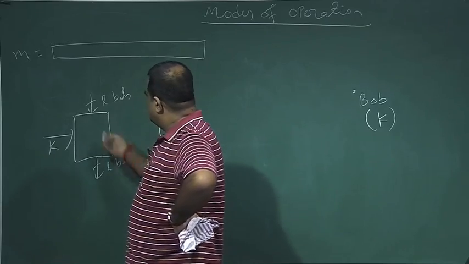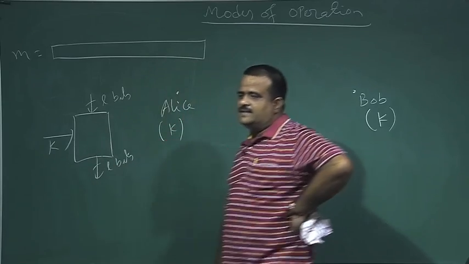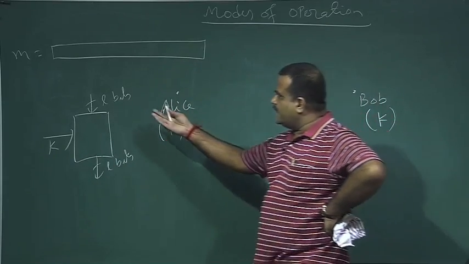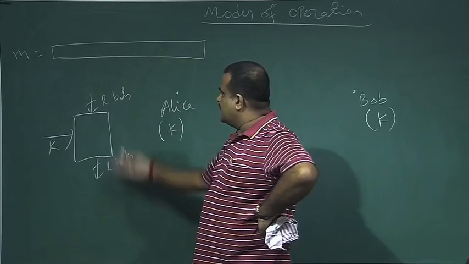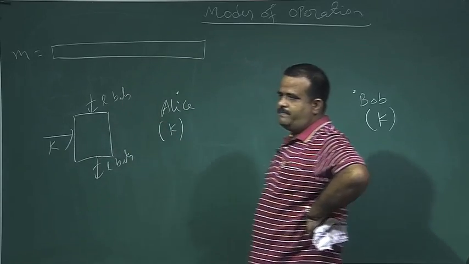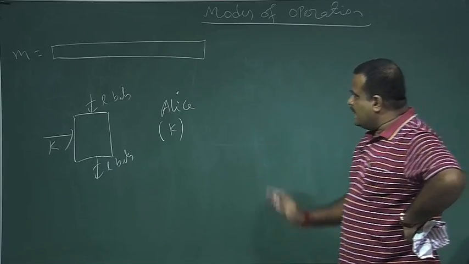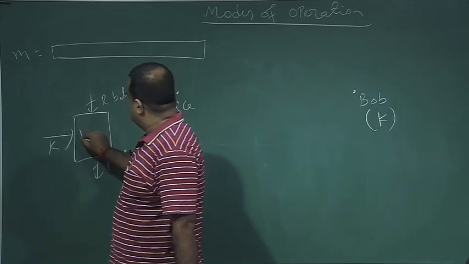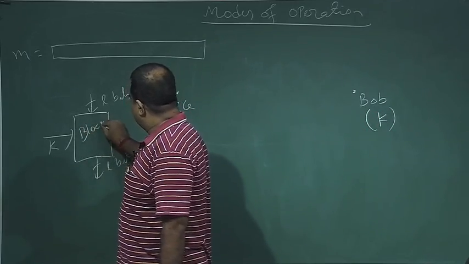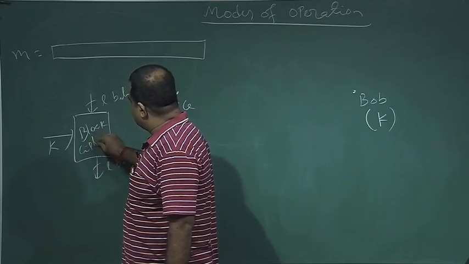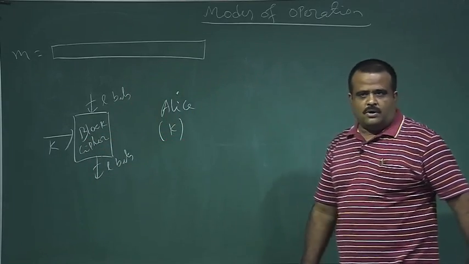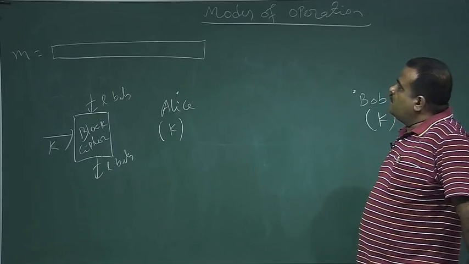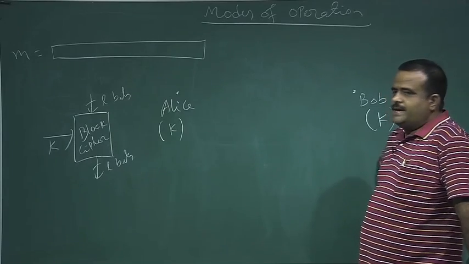This could be DES, AES, SPN depending on L. If it is DES, L is 64-bit, if it is AES, L is 128-bit. But they have agreed on a block cipher, and they want to use this block cipher for encrypting this message M.